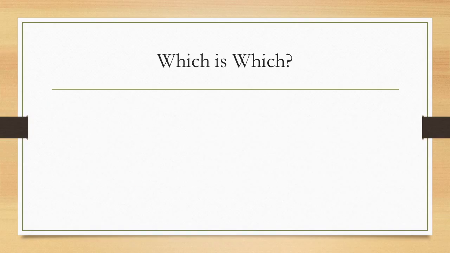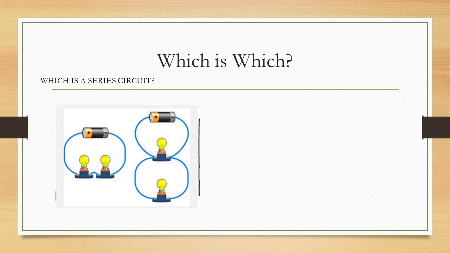Okay, so now that we've done the review, we'll do some examples and see if you guys can figure out which one is a series circuit between some examples. So which is a series circuit? Is it the one on the left or the one on the right of this picture? And the answer is this one, the one with one single loop that connects all the components, so the battery and the two light bulbs.